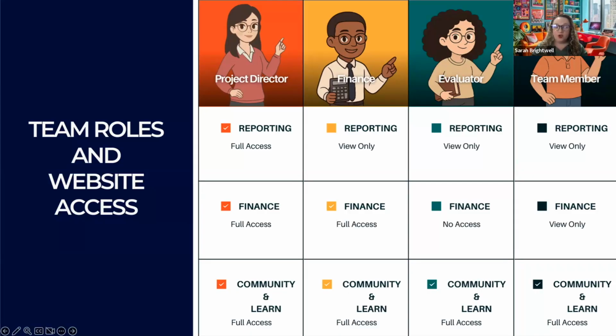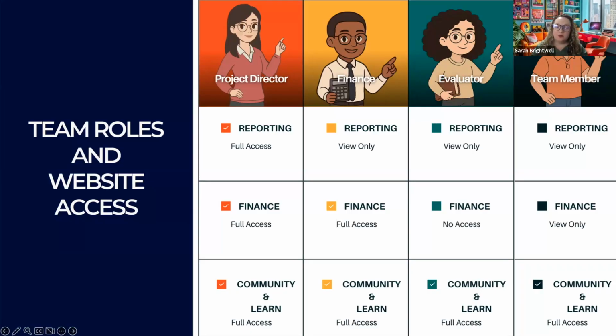If, when you log in, you realize maybe I don't have the right access, maybe I need that to be different, please reach out to us at the help desk and we'll be able to fix any access issues that you may be having. Additionally, with this new system, you can have one type of access for one of your grants and a different level of access for another.